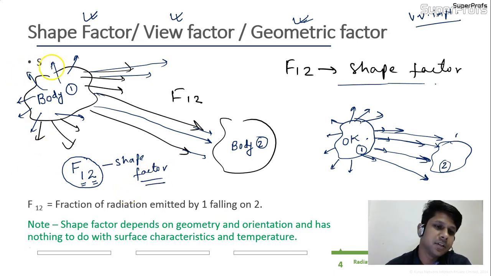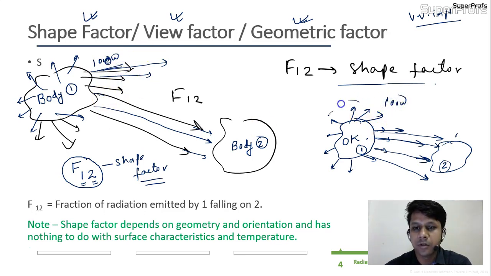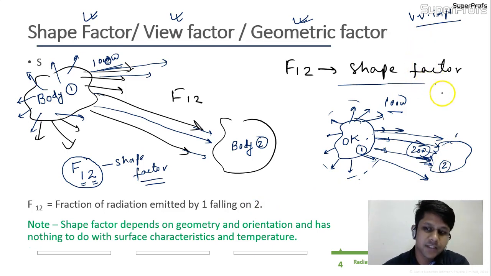For example, if body 1 is emitting 100 watt of radiation in all the directions, but due to this shape and orientation, only 20 watt out of this 100 is falling upon 2. We want to find out how much fraction is falling on 2.